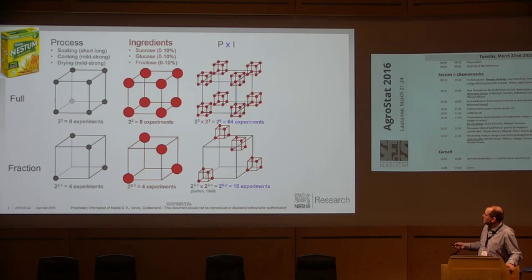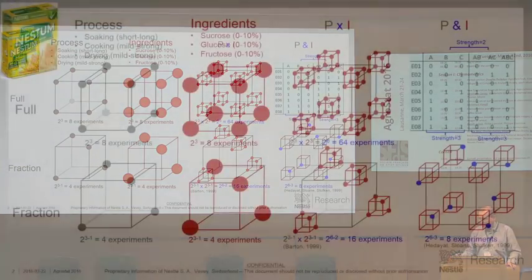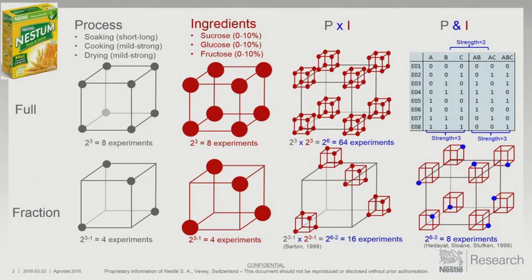Again, if I don't have the money for that, I can do something easier, and I go with 16 experiments. This is the logic of saying, okay, I have process, I have ingredients, and I cross the process with the ingredients. Much more logical would be, in fact, to do the two things together.